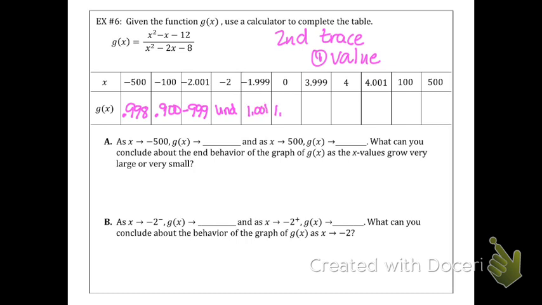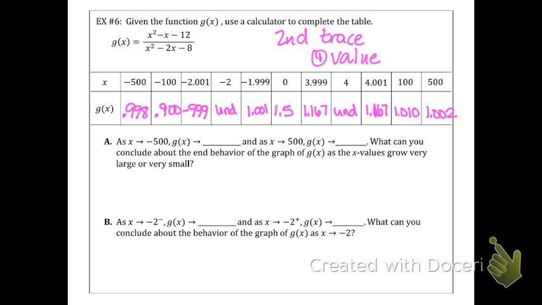At 0, it says 1.5. 3.999 says 1.167. 4 says undefined. 4.001 says 1.167. 100 says 1.010, and 500 says 1.002.